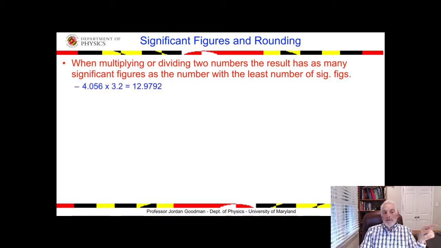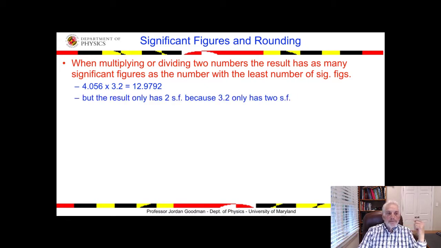If I take 4.056 times 3.2 and I put it in my calculator, I get 12.9792. Now, the result only has 2 significant figures because 3.2, which is the number with the least significant figures, only has 2 significant figures. So my result has to only have 2 significant figures.